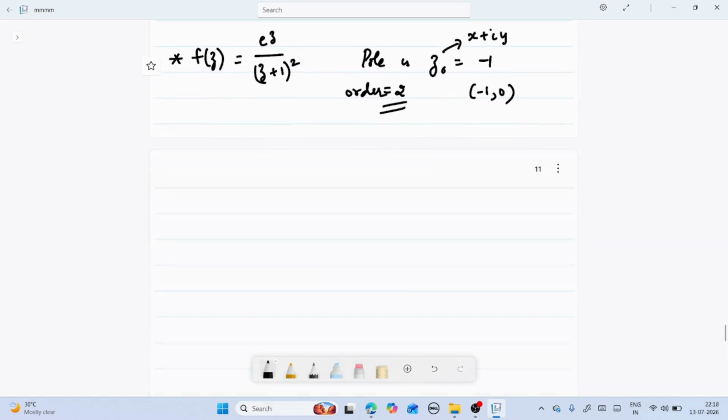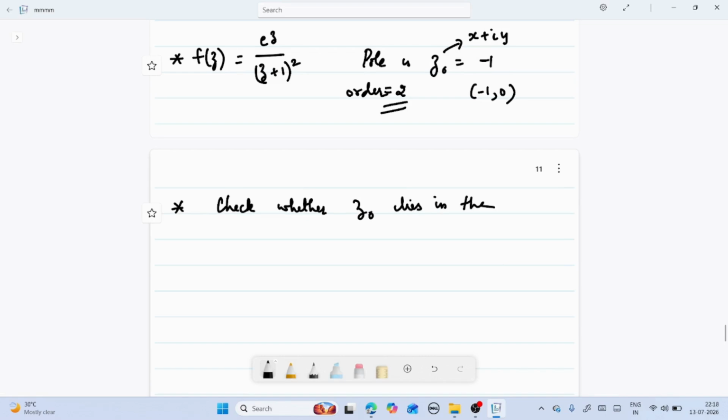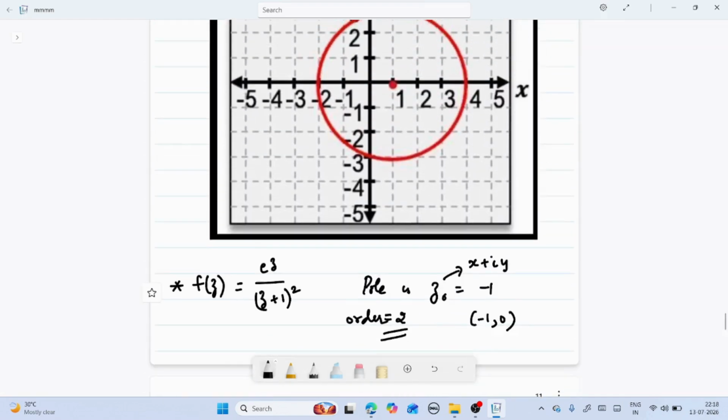Next, check whether z naught lies in the given curve or not. z naught is (minus 1, 0) here, so you can check the graph.